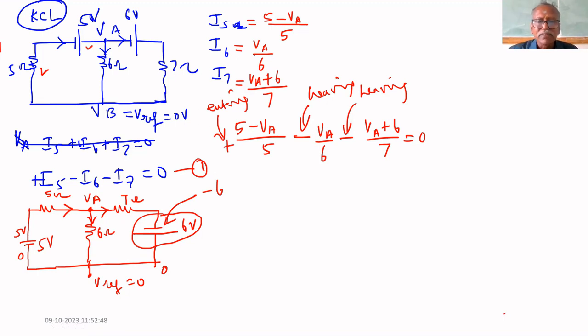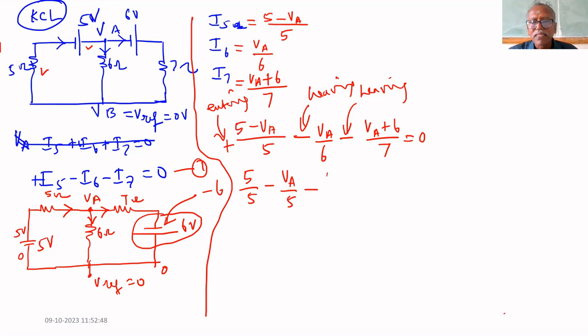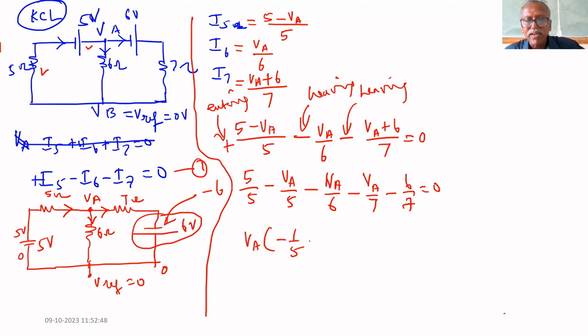Now we can write 5 by 5 minus VA by 5 minus VA by 6 minus VA by 7 minus 6 by 7 equal to 0. So we have to group all VAs. What you will get? VA times minus 1 by 5 minus 1 by 6 minus 1 by 7 equal to 6 by 7 minus 1.